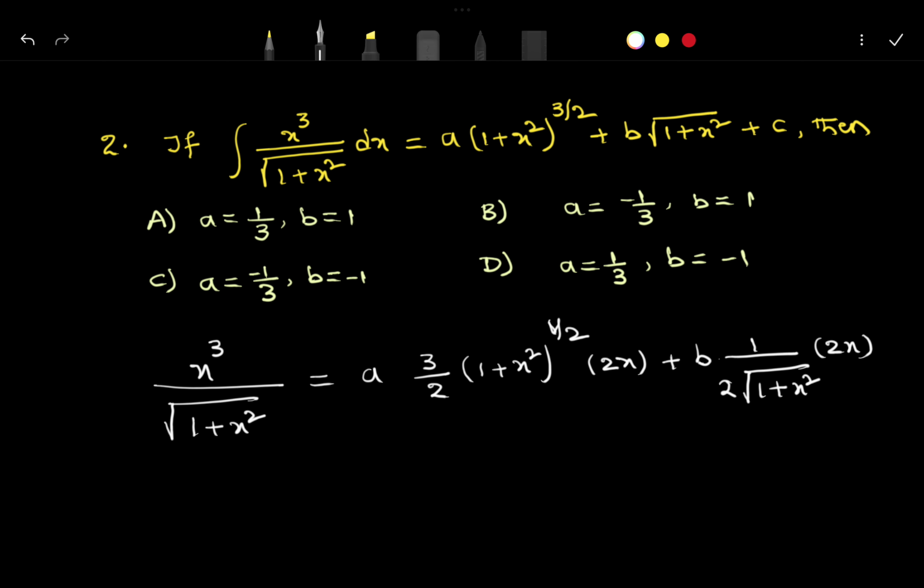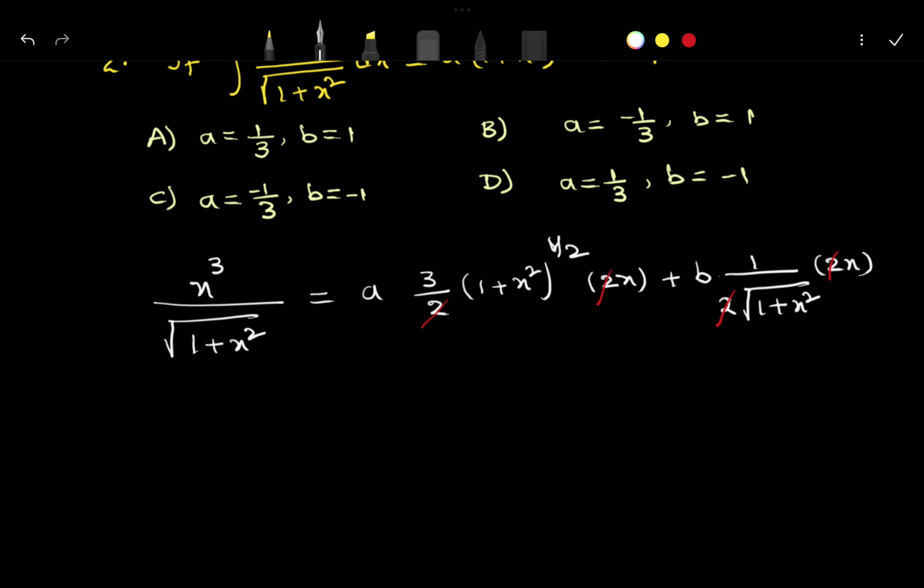So by observing here, 2 and 2 will cancel, and here 2 and 2 will cancel.